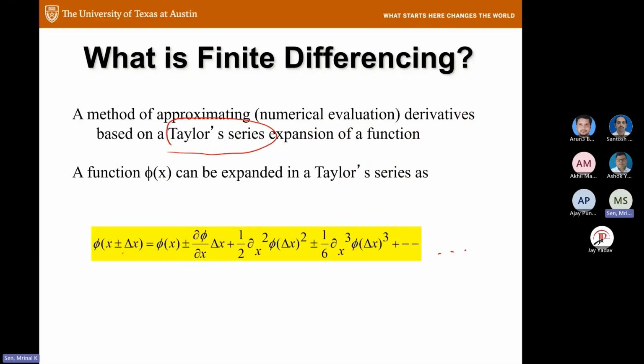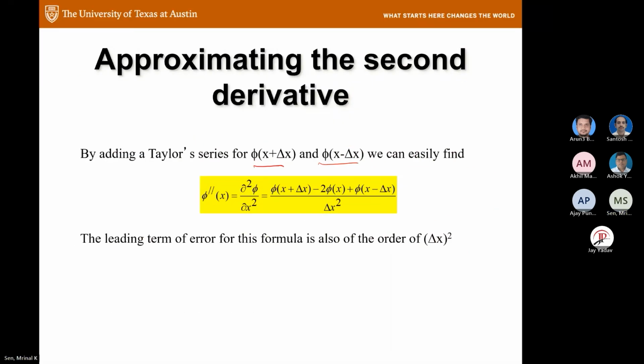If we add those and ignore higher order terms, you get a beautiful equation that basically means that to compute the second derivative at some point x, I definitely need function values at all 3 points, x minus delta x, x, and x plus delta x.